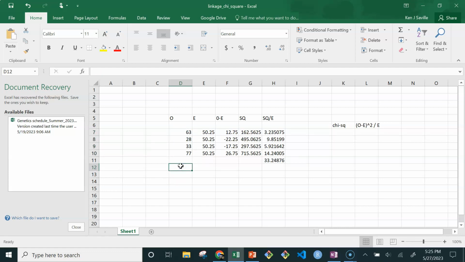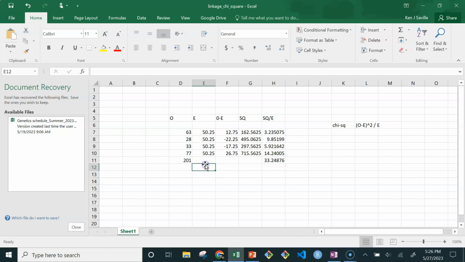Normally we just write all this stuff out, and I usually don't have students do all the calculations on a test because it takes too long. But we need that. So these are our observed, and we need to total them up. So our total is 201 in this case. And then we need the expected.